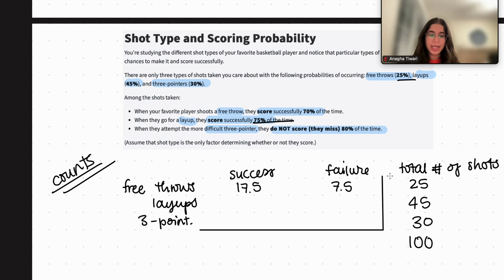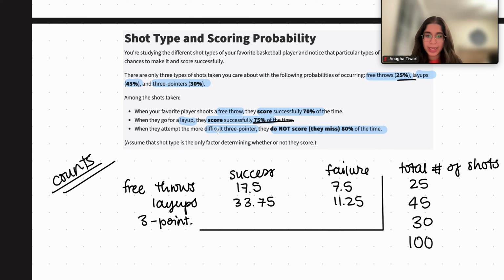So that means out of 45 shots, 75% of them will be successes, or 33.75. Right, so 75% of the total 45 shots are going to be successes. And then finally, for failures, that's going to be 11.25 failures. That's just 45 minus 33.75.